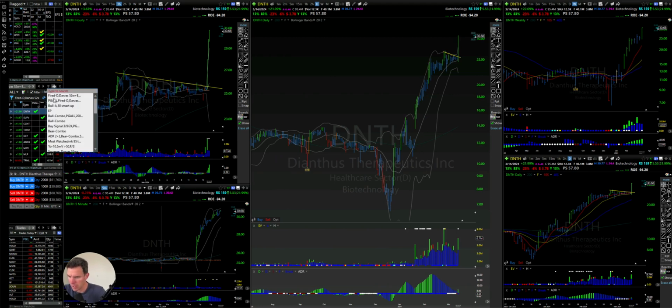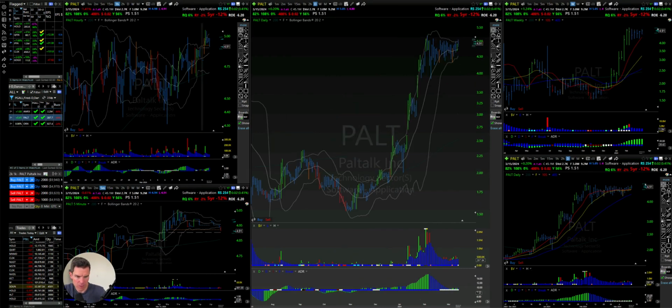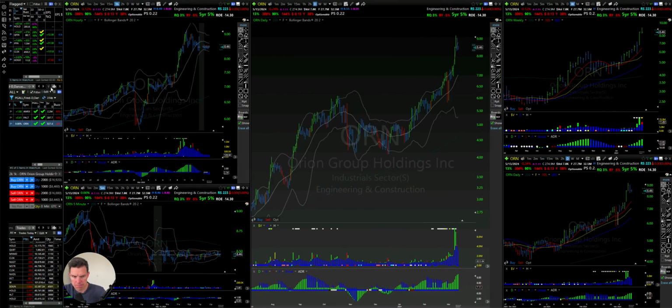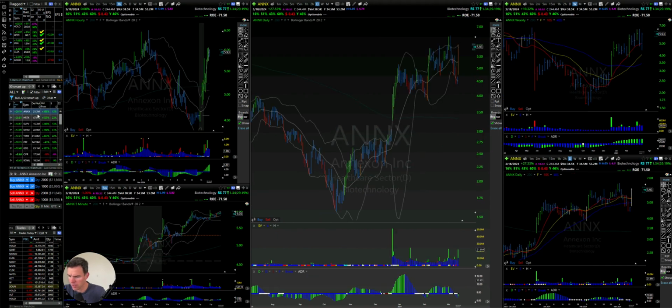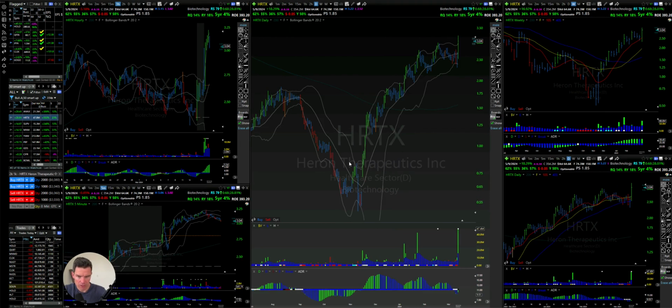And then I also have one, same thing with hourly squeezes that have fired. So I'm testing those out, but my main scans are still the EP and the bull, basically the modified bull combo, which is what this one is. I've taken what EG has put together and made it my own.